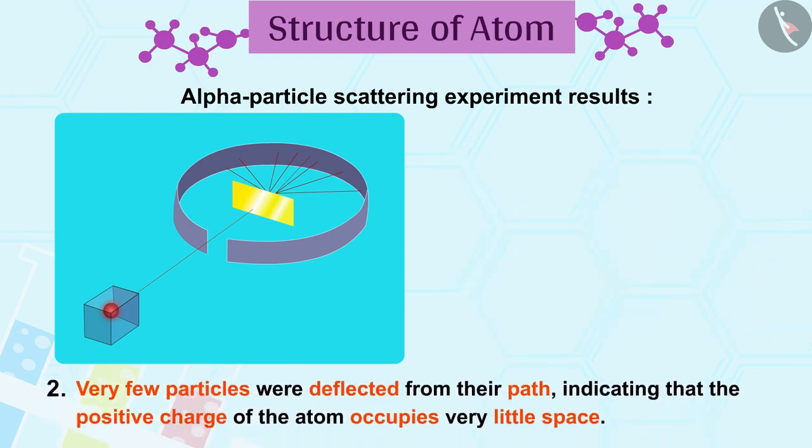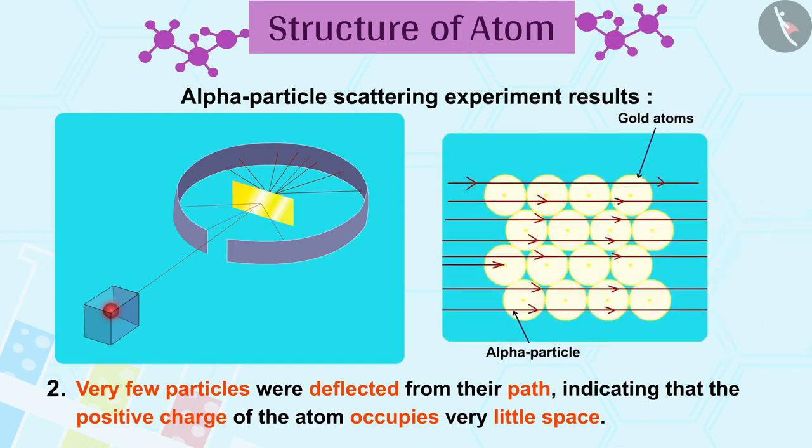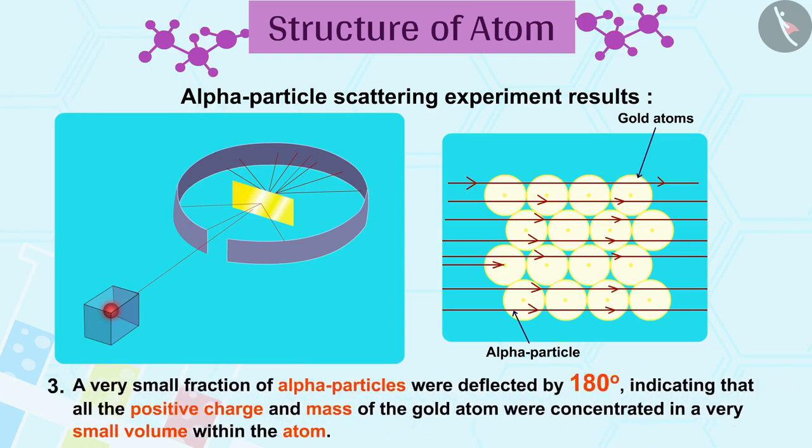Two, very few particles were deflected from their path, indicating that the positive charge of the atom occupies very little space. Three, a very small fraction of alpha particles were deflected by 180 degrees, indicating that all the positive charge and mass of the gold atom were concentrated in a very small volume within the atom.